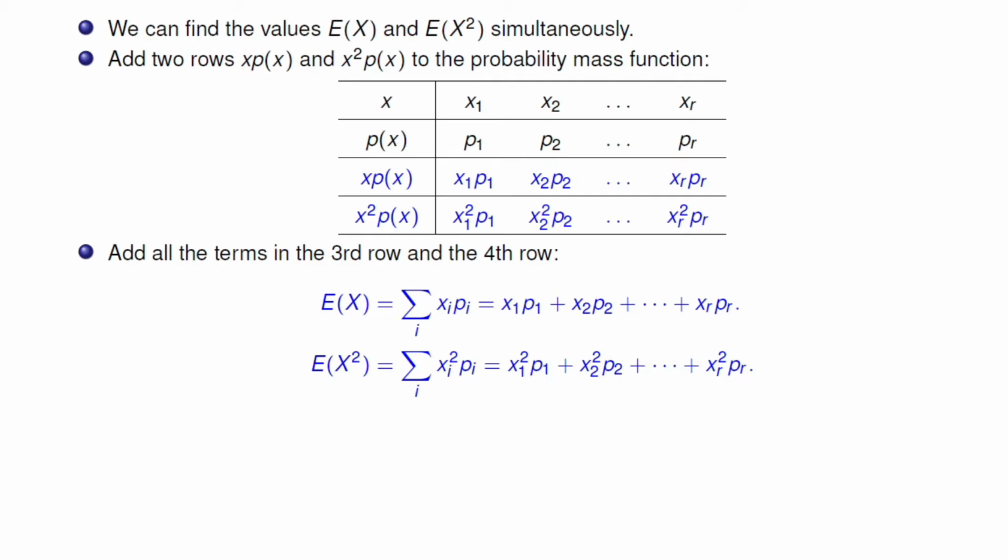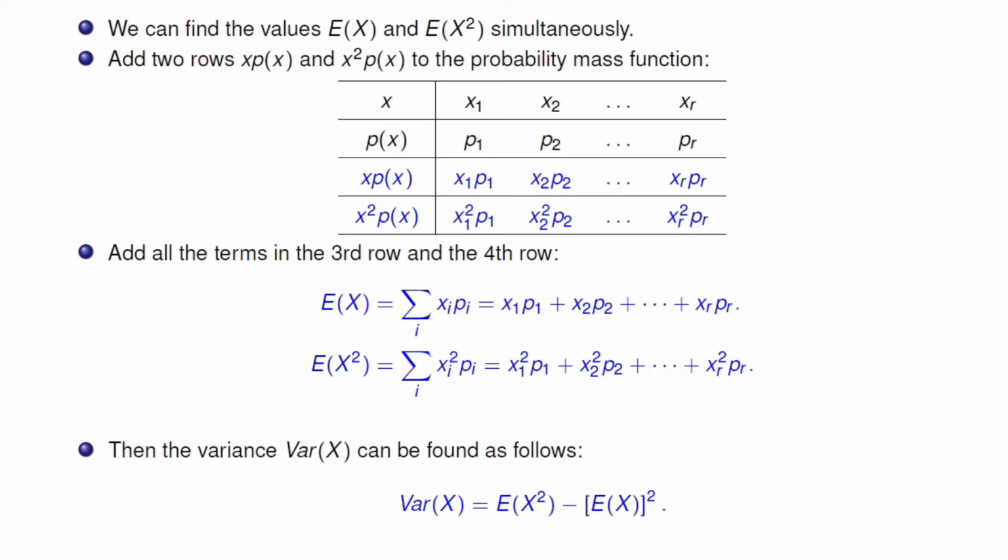After we get these values, we can find the variance using the theorem. The variance of x is simply the expectation of the square minus the square of the expectation.